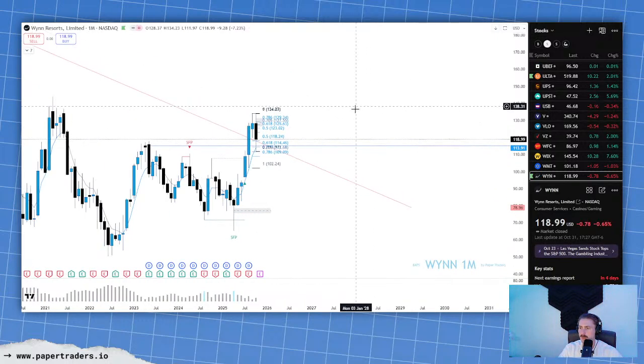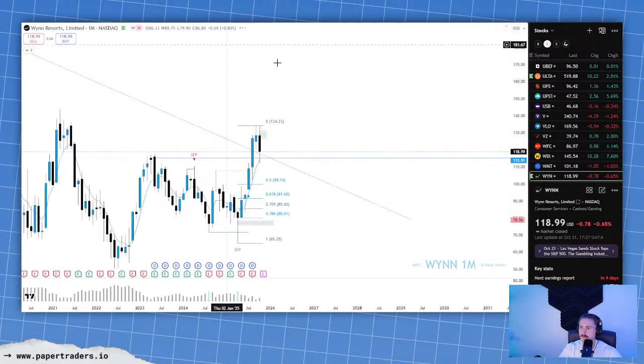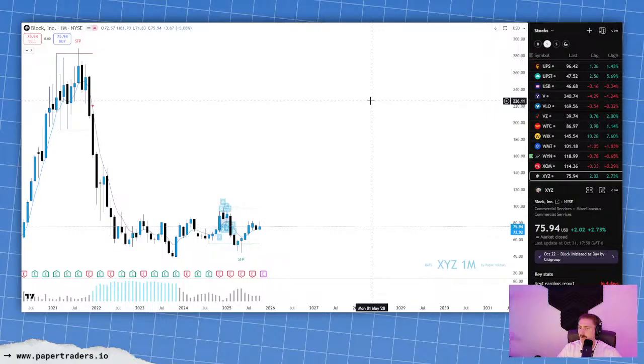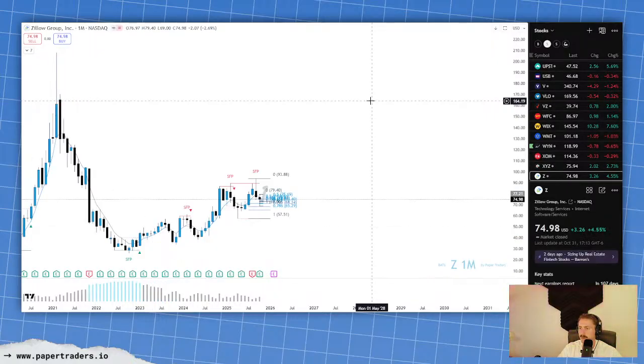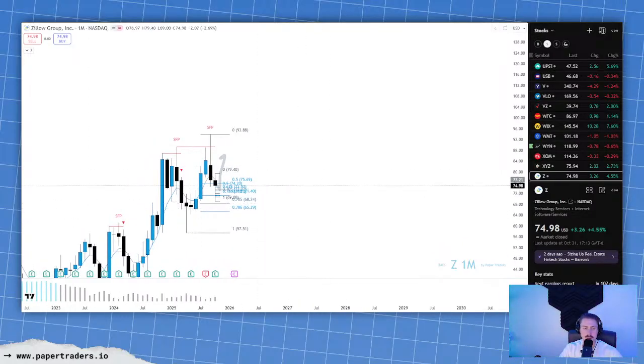Win. I like the way that we held this monthly retest. So possible continuation. Win. XYZ monthly, nothing really. Z looks good monthly. I like Z monthly. Yeah, I like that.